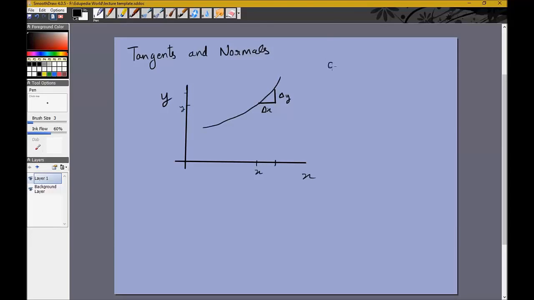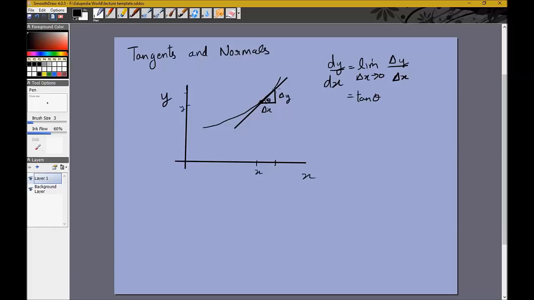So dy by dx, what is that? It is the limit as delta x goes to 0 of delta y by delta x, right? Delta y will be f of x plus delta x minus f of x, right? And as delta x goes to 0, we can see that delta y by delta x will become tan theta, where theta is measured at the point where we are calculating the derivative.